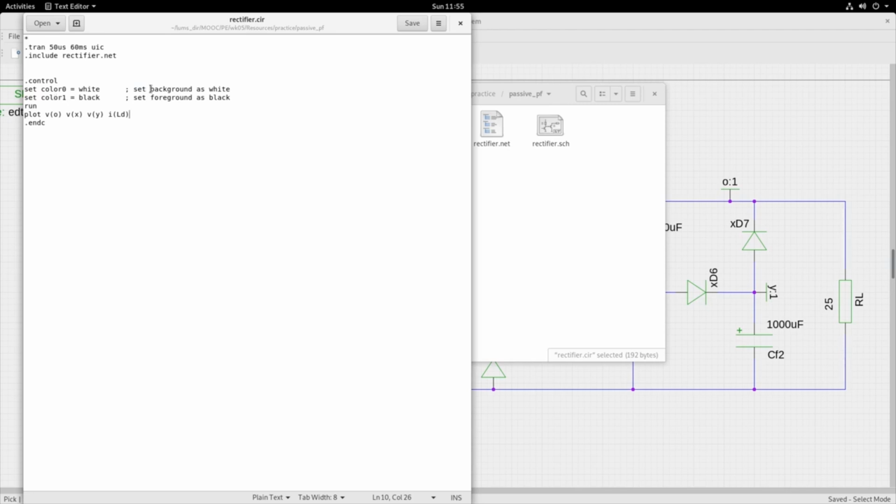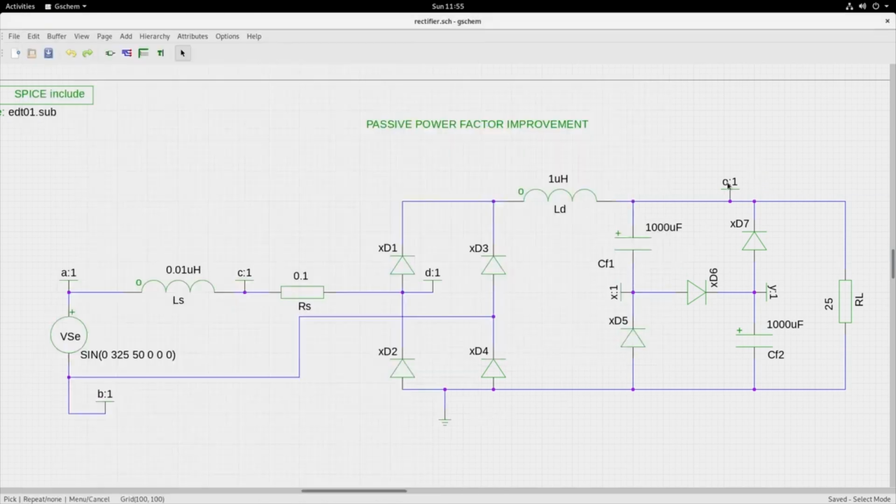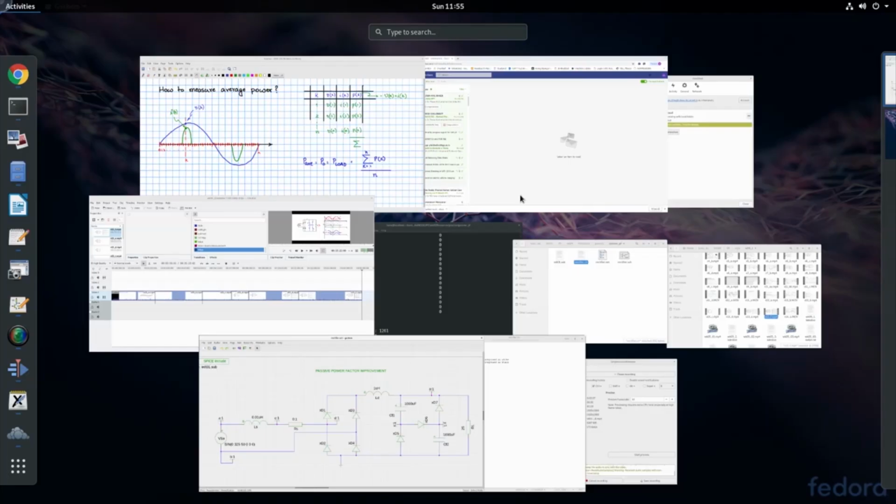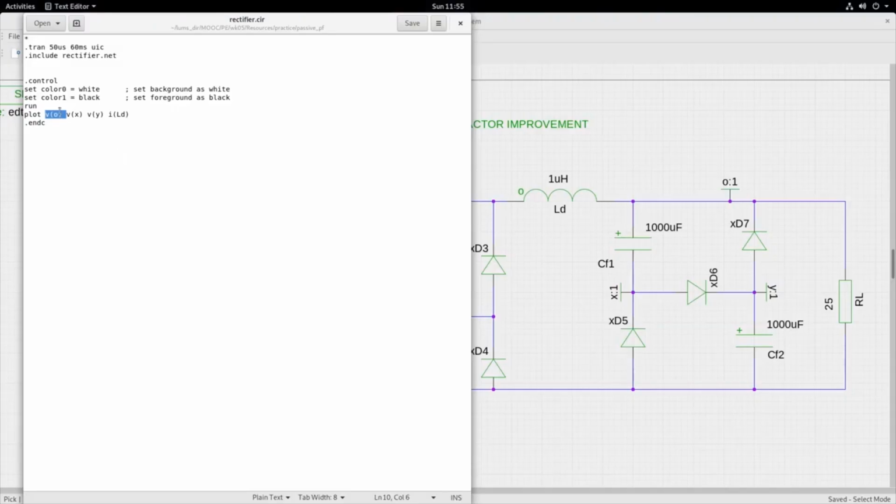I am setting the background as white, foreground as black, run the simulation and then plot. So what am I plotting? I am plotting V0, that is this node potential, then Vx, Vy, and the current through LD. So this is what we will do.